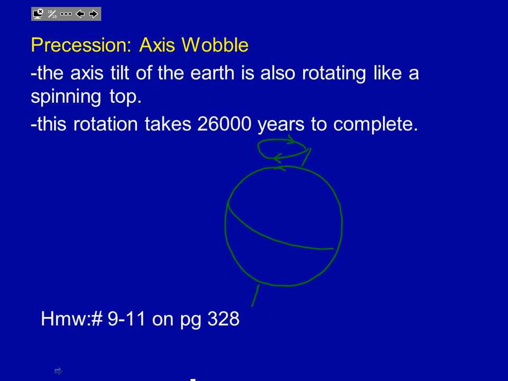That 23 degrees points in a different direction. So that means in 26,000 years, when it's winter here, it's going to be summer because it's now pointed the other way, and then it's going to change back.